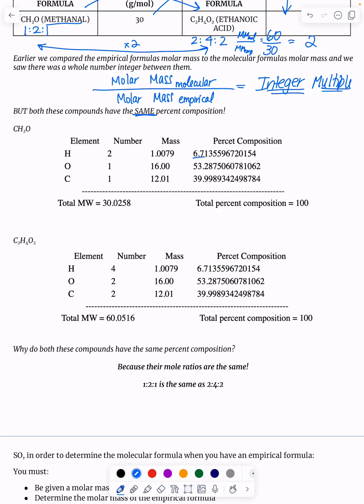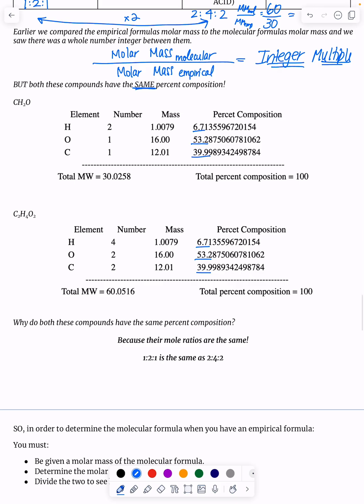Hydrogen is 6.7%, oxygen's 53.28%, carbon's 39.99%. But look at C2H4O2. Hydrogen is also 6.7%. Oxygen's also 53.28%. And carbon is also 39.99%. The same percent composition.